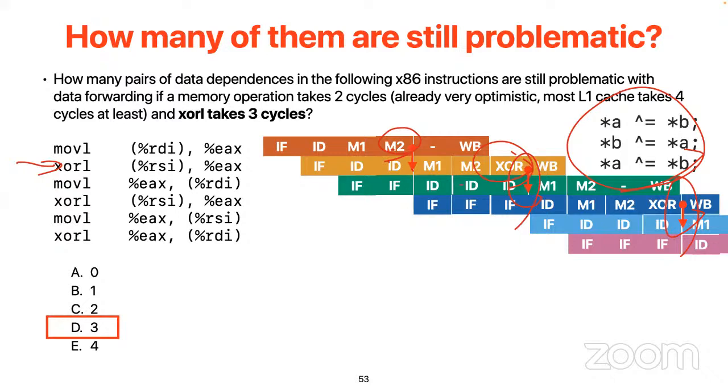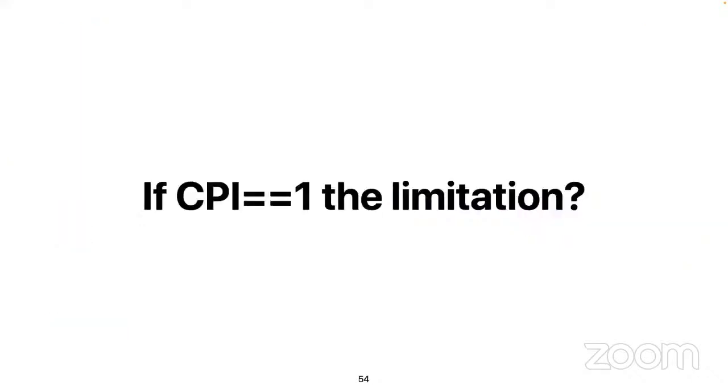At this time, we want to execute this one, but even though there's no one occupying the memory unit, we cannot because we have to wait for the exclusive OR to complete, right? So it turns out for this one, we have 3 places that don't allow us to make progress. So this is why this kind of swap operation is really inefficient in a modern pipeline processor compared against the simple and naive implementation.